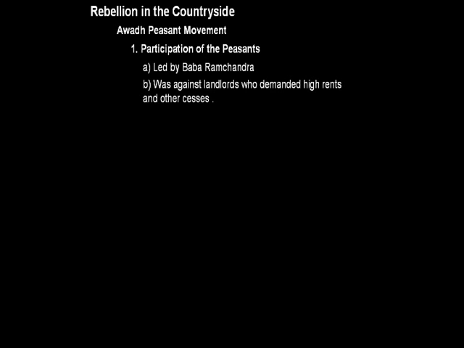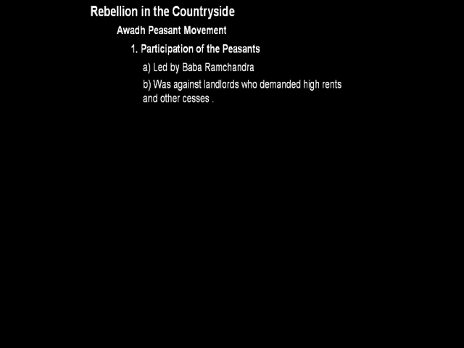Now what do you mean by other cesses? In class 9th we have already gone through the chapter on the French Revolution, and there we came to know that the church and the feudals used to impose cesses on the common people.